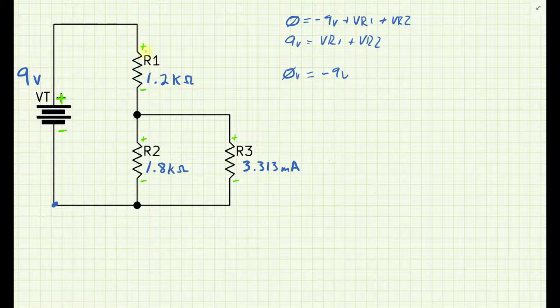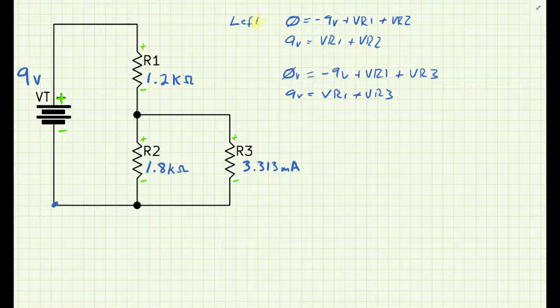I'll keep going around, plus VR1, and going around the outside this time, plus VR3. So again, 9 volts equals the sum of VR1 plus VR3. I'll identify this as the left loop and the outside loop.